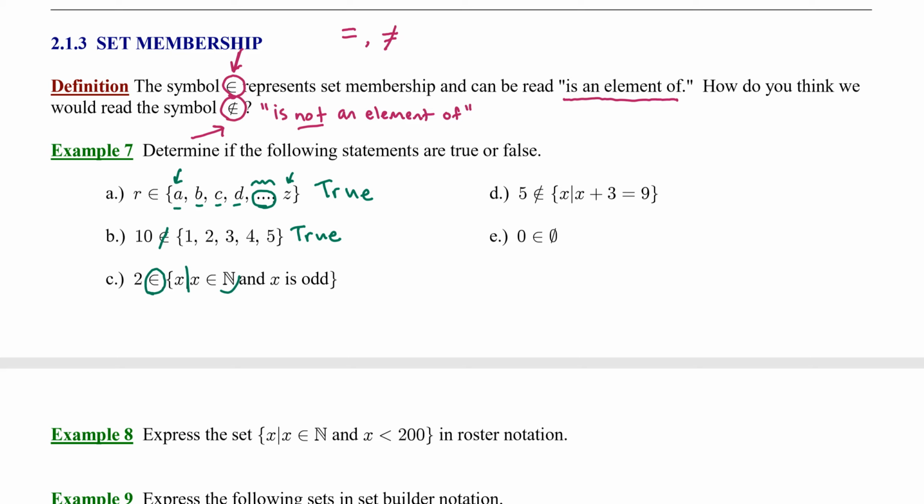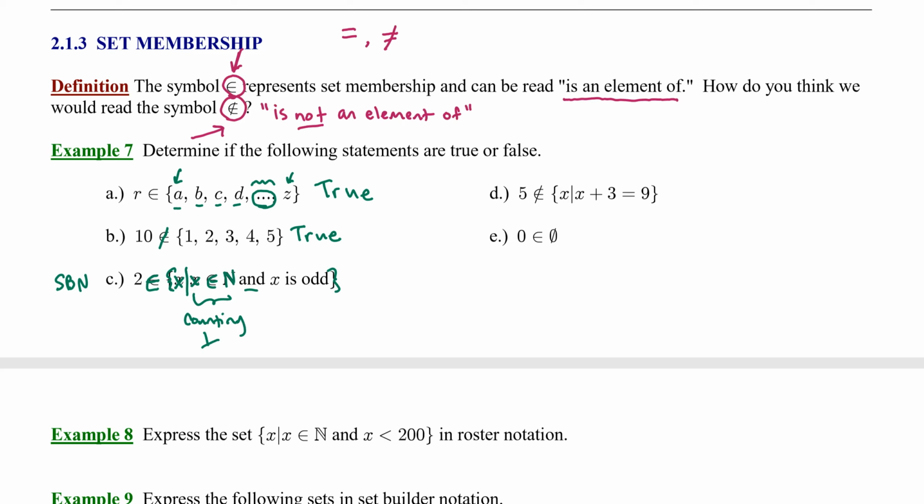We have the symbol for the natural numbers, and we are dealing with set builder notation. Let's try and read that start to finish again. 2 is an element of the set of all x such that x is an element of the natural numbers and x is odd.